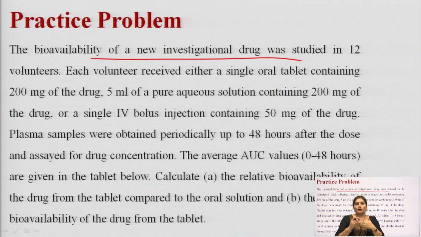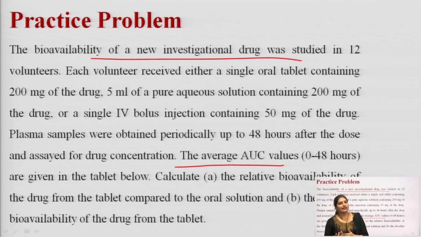Periodically the plasma samples were taken up to 48 hours, and then assayed for the drug concentration. We have the values of AUC from 0 to 48 hours, and we have to calculate the relative bioavailability of the drug from the tablet compared to the oral solution.